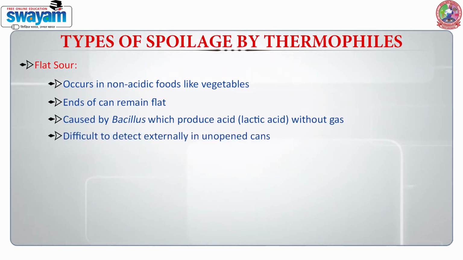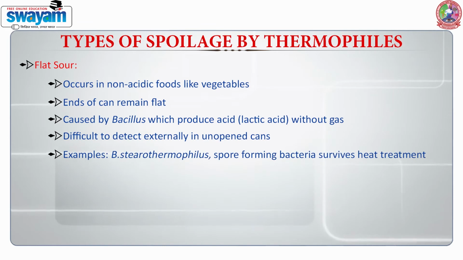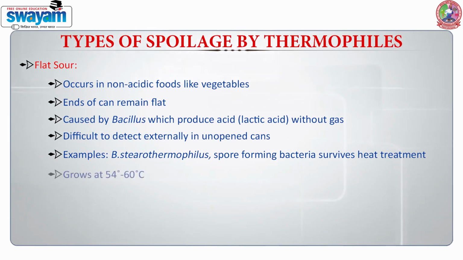It is difficult to detect externally, and in an unopened can we cannot detect whether it is infected or spoiled by the microorganism. Some common microorganisms responsible for this type of spoilage are Bacillus stearothermophilus, which is a spore forming bacteria that can survive high temperature and is able to grow at a temperature of 54 to 60 degrees Celsius.